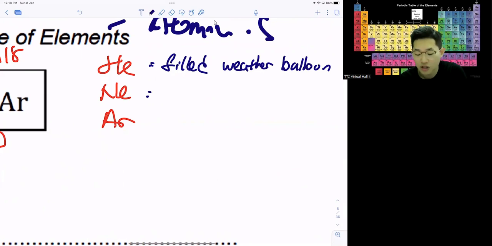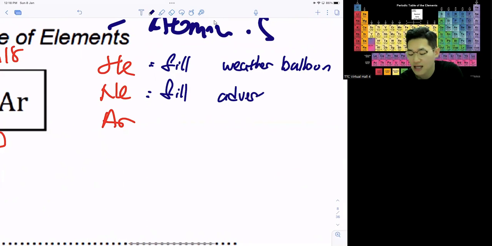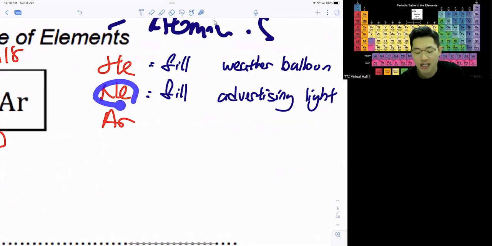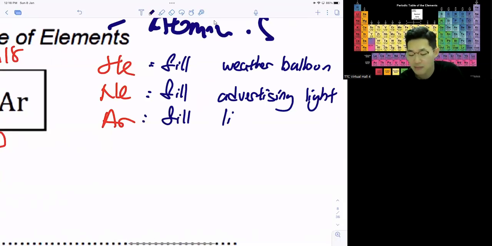Okay. Neon is used to fill advertising light. Neon is like neon signs, fill advertising light. And then argon is used to fill up electric bulbs or light bulbs.